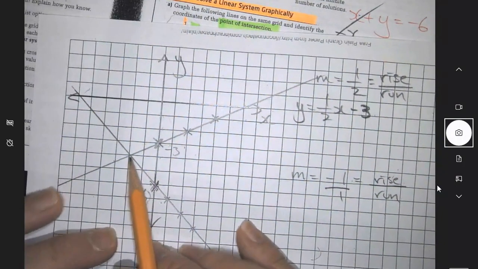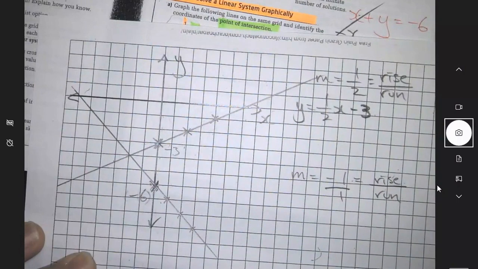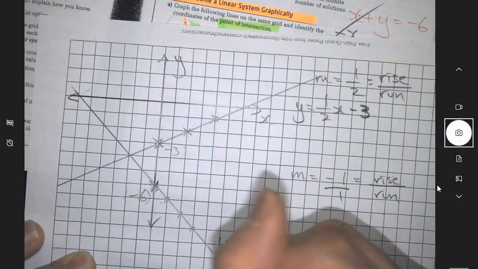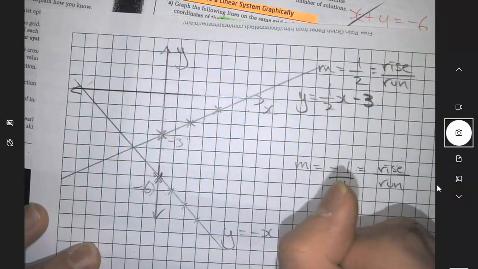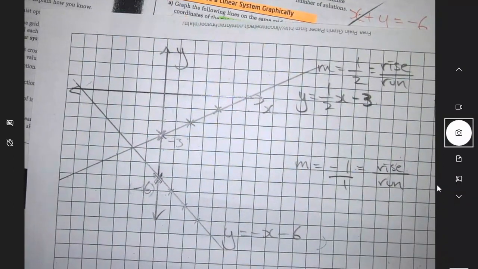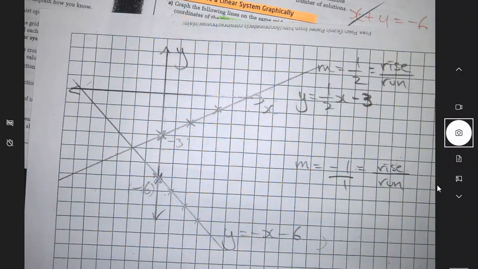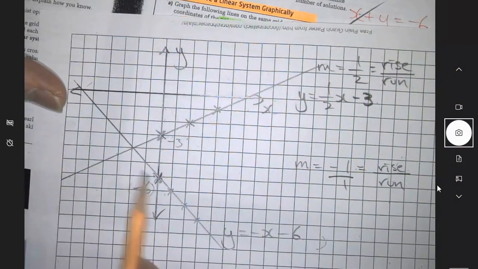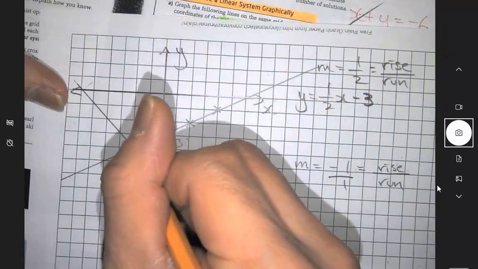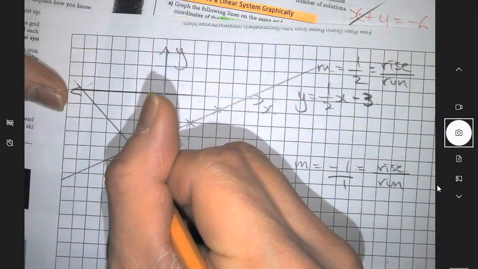So right now, let me write down the equation first: y equals minus x minus 6. Okay? The point of intersection where the two lines cross would be right here.